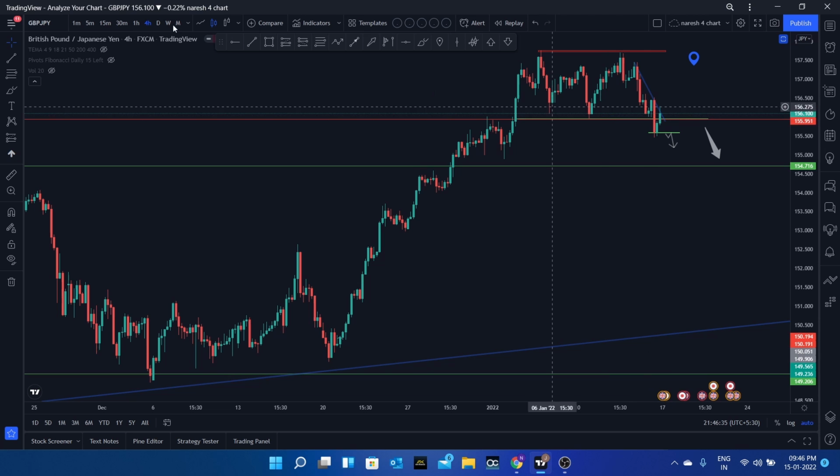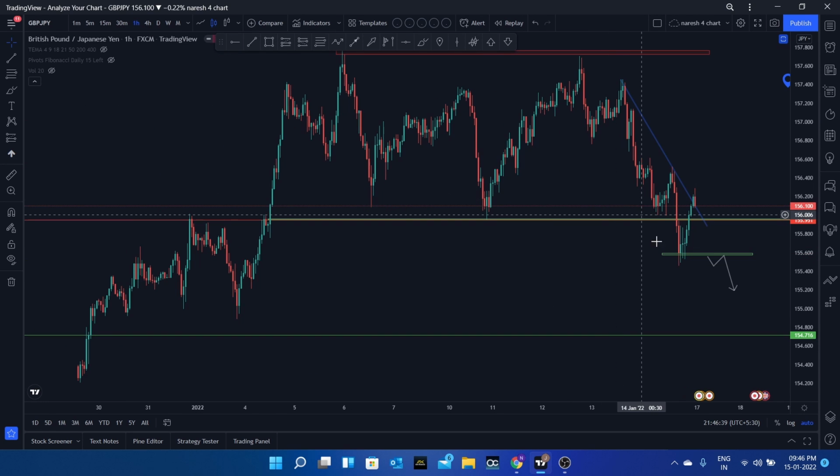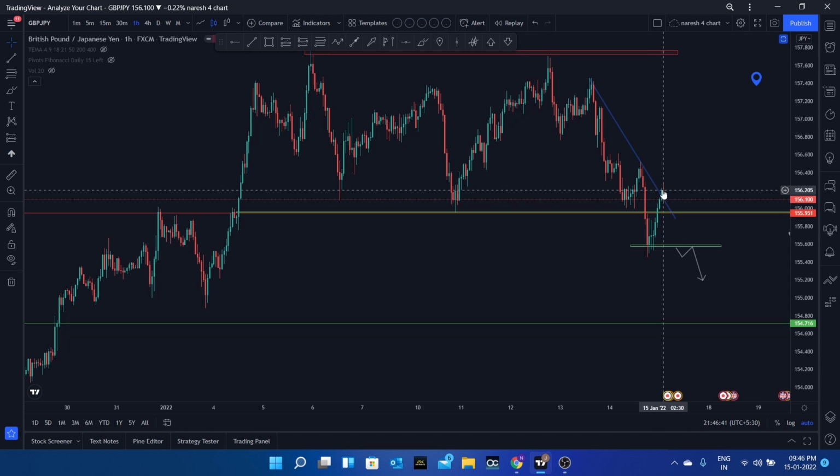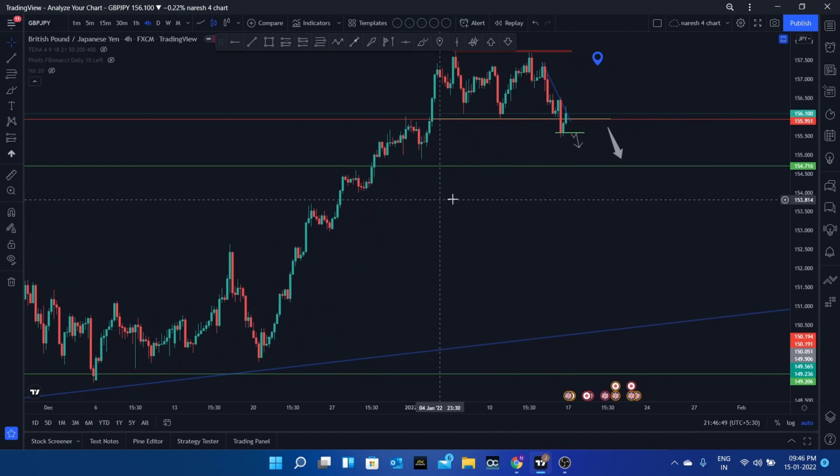So here we have very good short position opportunities, guys. Wait for the price to break this level and you can enter a short position, and take this as your first target. You can even hold it for the trend line support as a swing trade as well, guys.